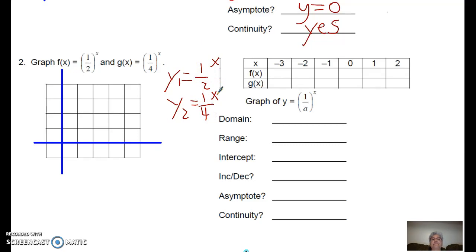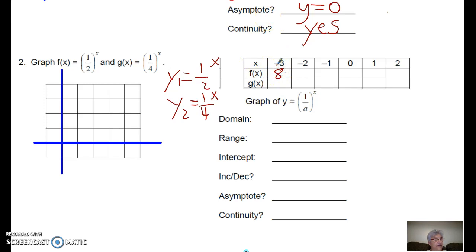So this time, when we take a fraction and raise it to a negative exponent, that flips the fraction. So 1/2 raised to the -3 is the same thing as saying 2 to the positive third power.